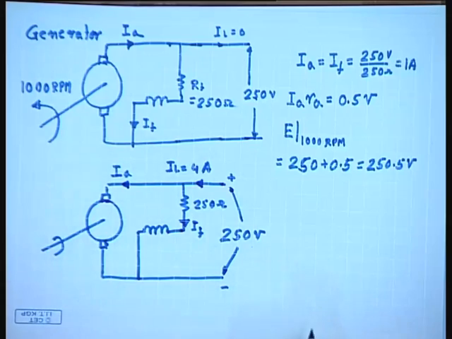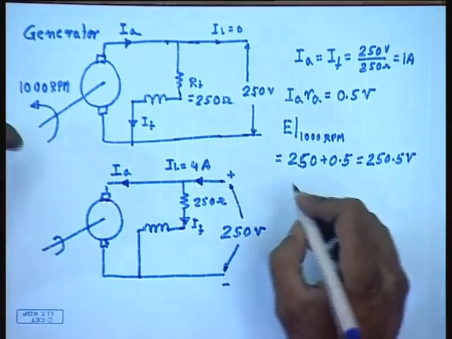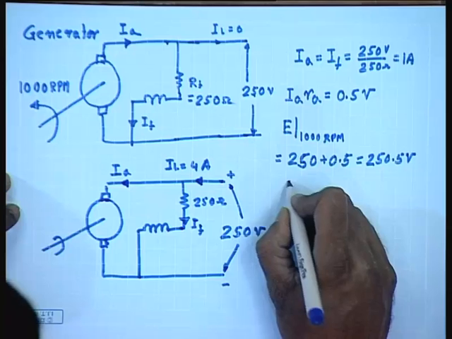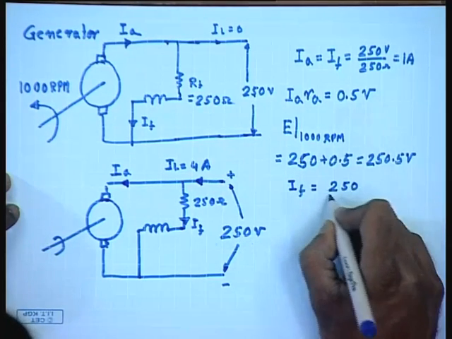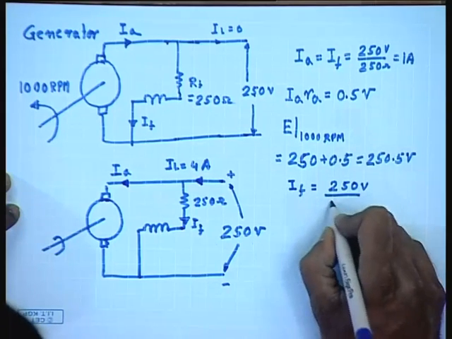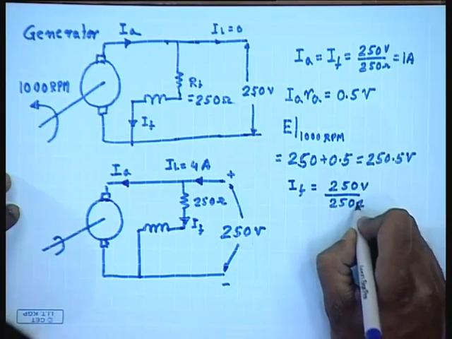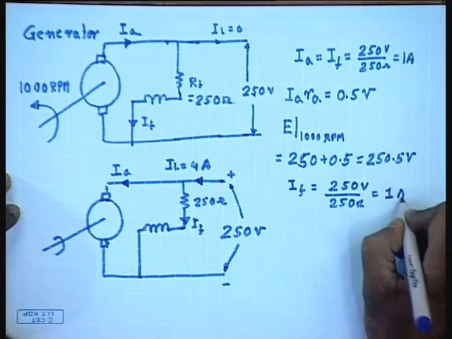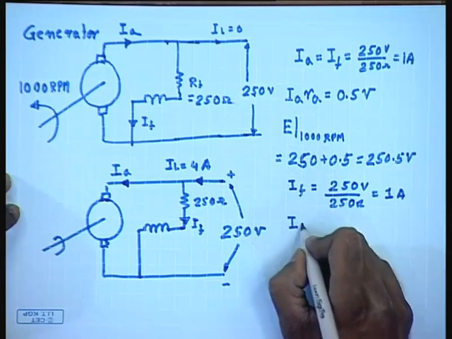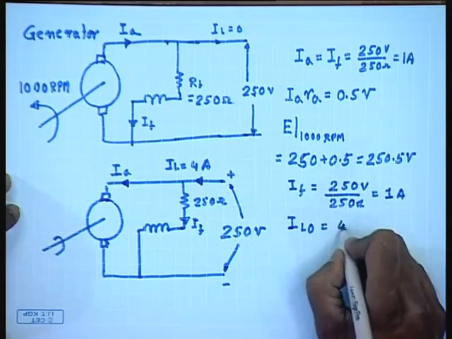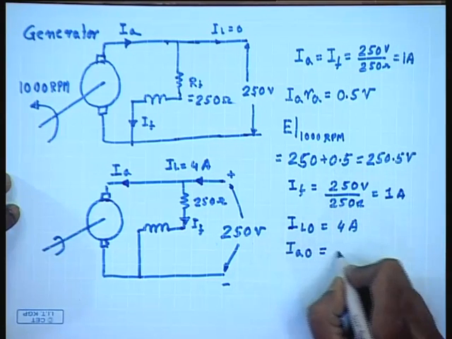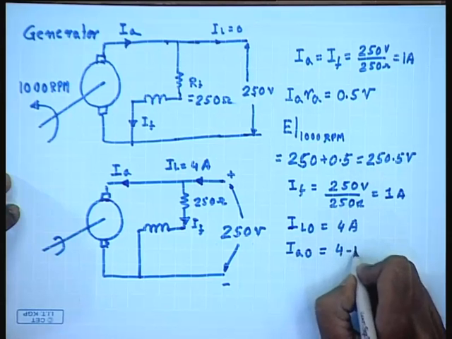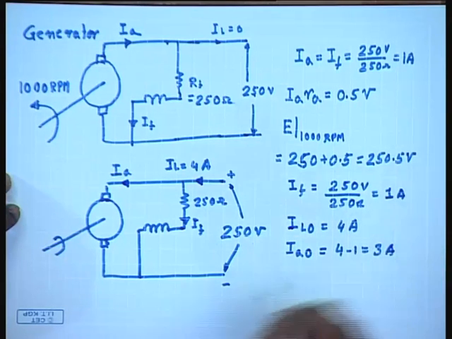So, let us find out what is the no load speed. IF is again 250 volts by 250 ohm, that is 1 ampere. IL at no load equal to 4 ampere. So, Ia0 equal to 4 minus 1 equal to 3 amperes.